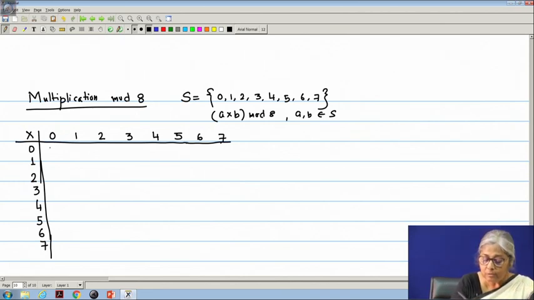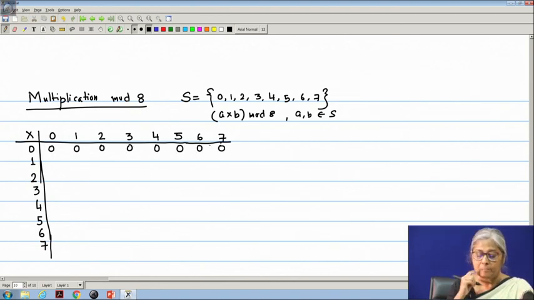So, 0 into 0, because 0 into anything becomes 0, and 0 modulo 8 is 0. So I write these are all 0. Now, 1 into 0 is 0, then 1 into 1 is 1, 2, and so on, since it is multiplied by 1 only.